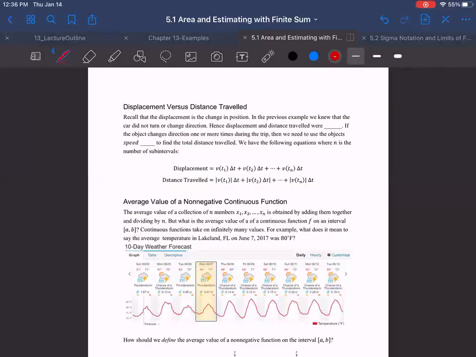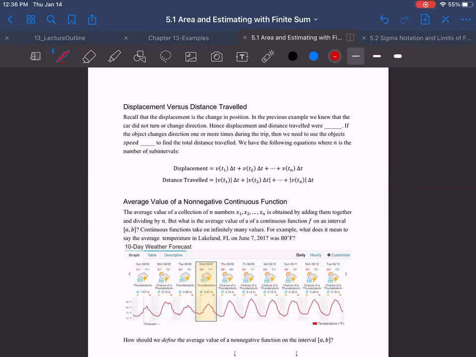First, we're going to talk about displacement versus distance. Those are actually two different things. One of them is a vector, that's displacement. The other is a scalar, it just scales things, and that is distance. So if you remember before, displacement is the change in position, including the direction of that change.